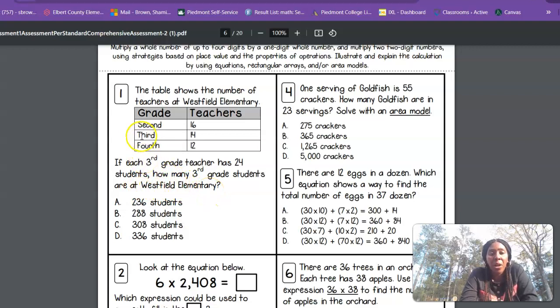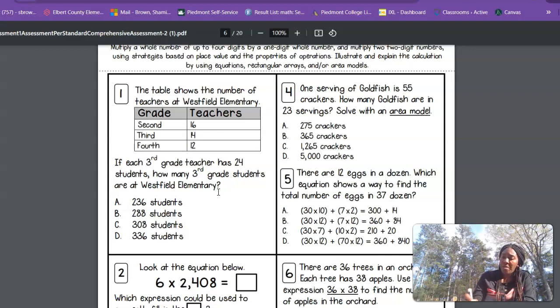So 3rd grade is here, and it has 14 teachers in 3rd grade. So if all those teachers have 24 students in their classroom, they want us to determine how many students there are in all. So for that one, you would need to do 24 times 14.